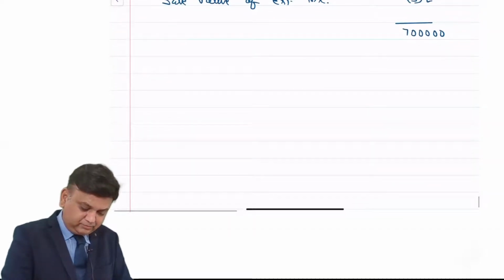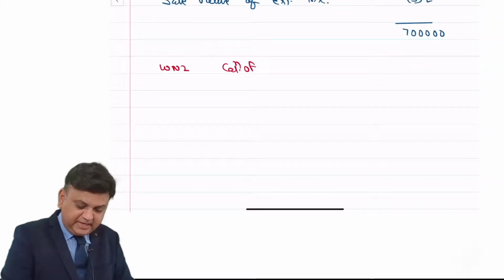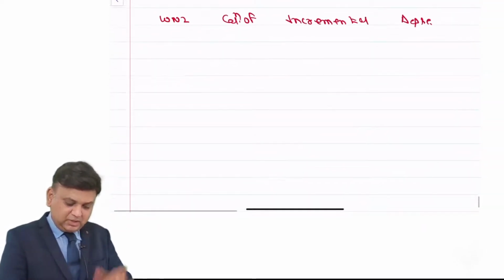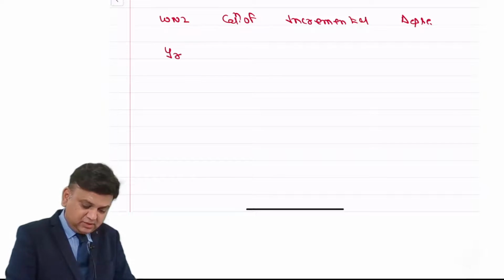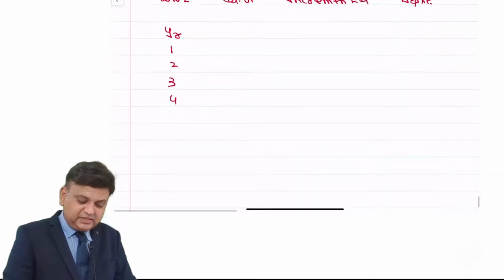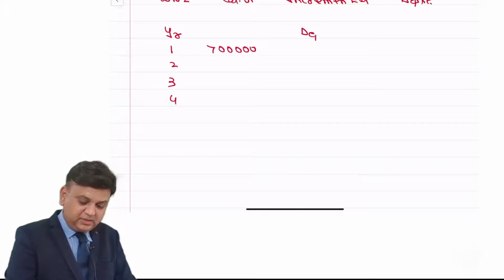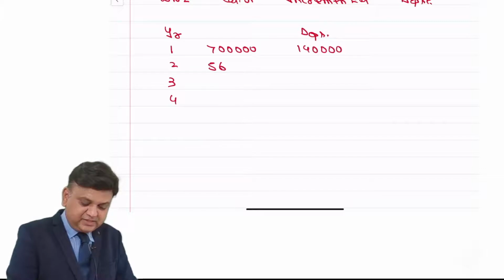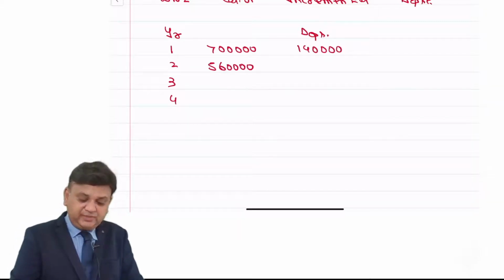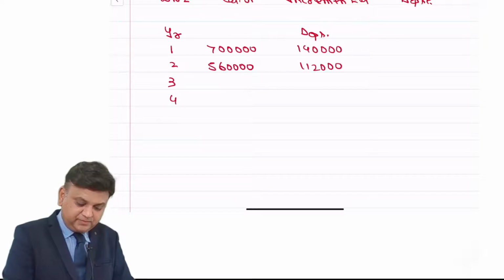Afterwards, working note number 2, calculation of incremental depreciation. In that we understand that it is first year, second year, third year and fourth year. It is an amount of 7 lakhs. 20% of that comes to 1,40,000. Then 5,60,000. Again 20% of that is 1,12,000.